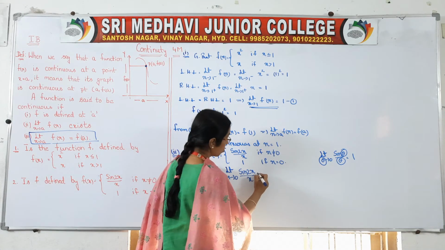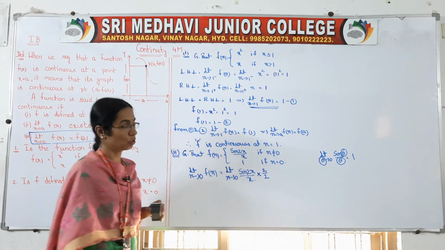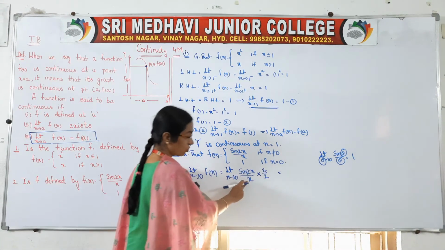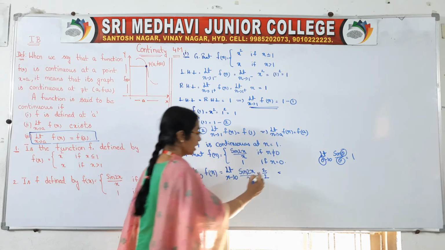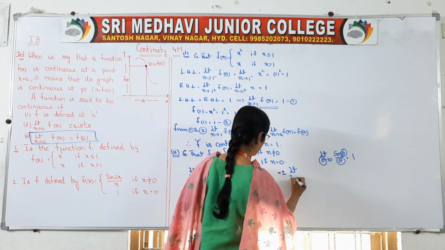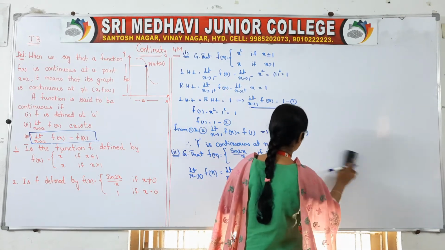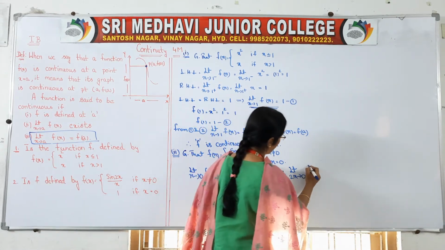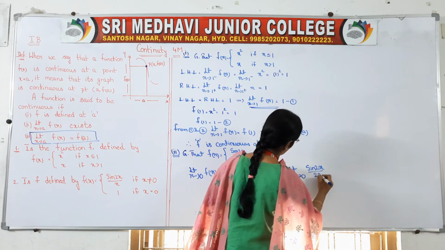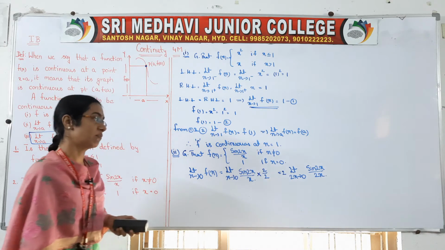Here we need 2, for that we will multiply and divide by 2. This 2 will come along with the x, and you take the other 2 outside. Then the limit as 2x tends to 0 of sine 2x by 2x.